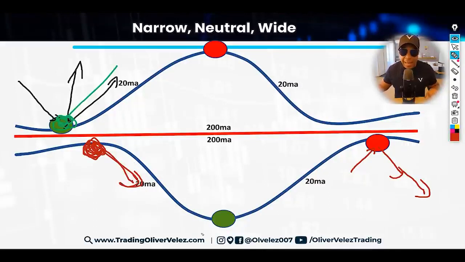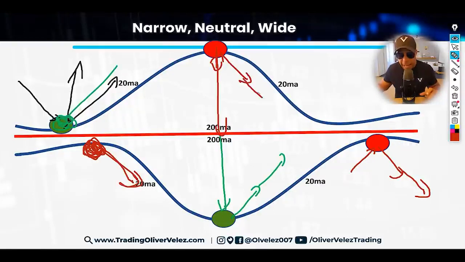The best location to go long from a wide state is here. The odds favor the upside after wide. And the best location to bet down is from here after wide, the odds favor a pullback or a drop because of profit taking.